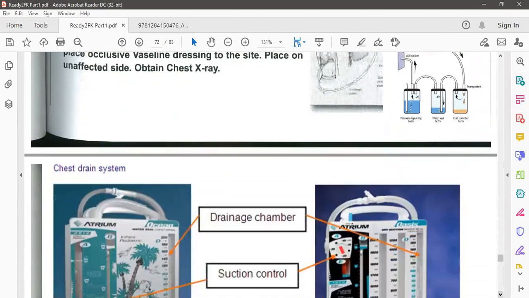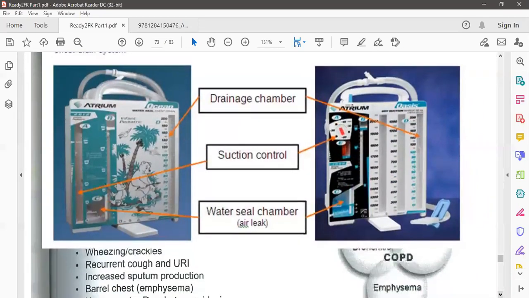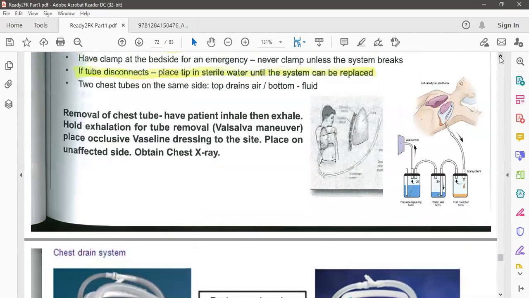In this picture, which is more clear, this one is the drainage chamber, this one is the suction chamber, and this is the water seal chamber. This is the newest one that we use in our hospital.